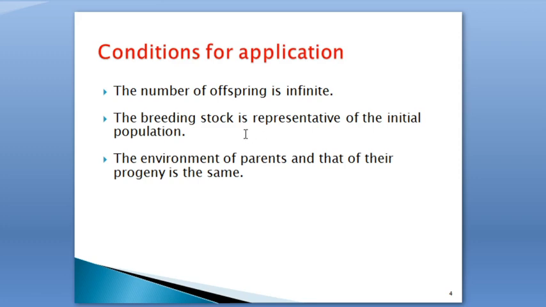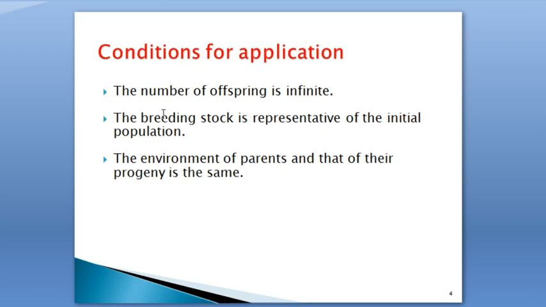We also know that in reality this is not possible, since in animal breeding and genetics we deal with selection of the best. So when we select, the breeding stock is no more representative of the initial population. And finally, the environment of parent and that of their progeny must be the same.